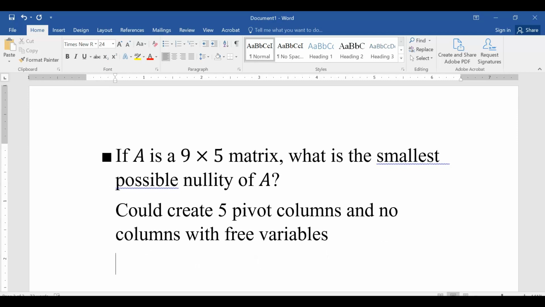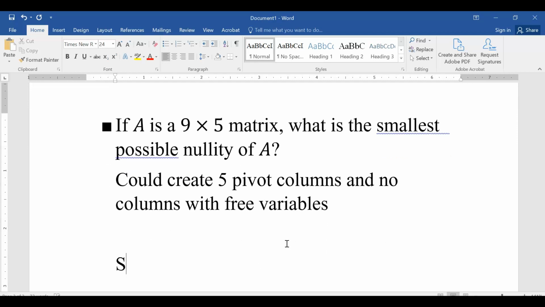So what's that mean? Well, that means that the smallest possible nullity is 0. Okay? So if we can have no free variables, that means the nullity is 0. The null space is only the trivial vector, the 0 vector.